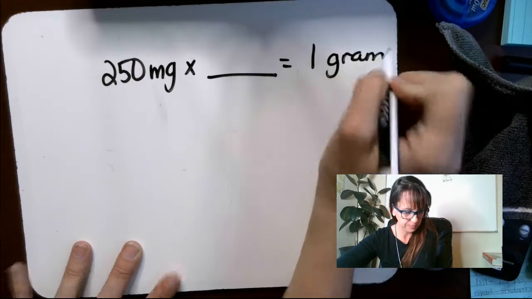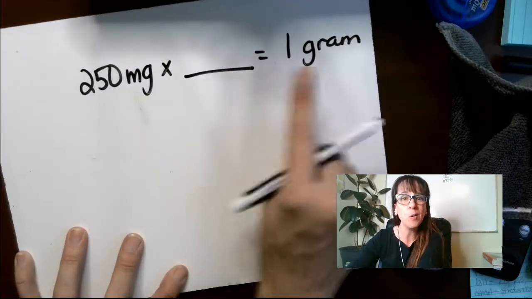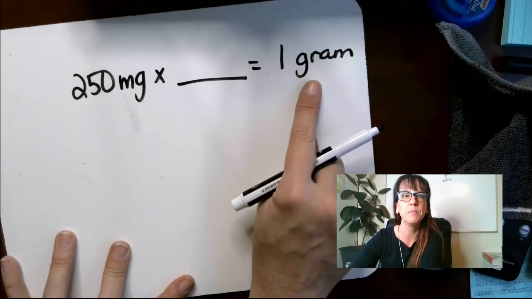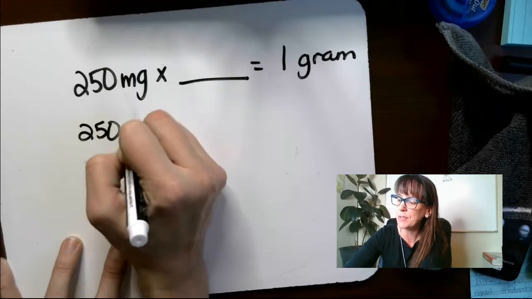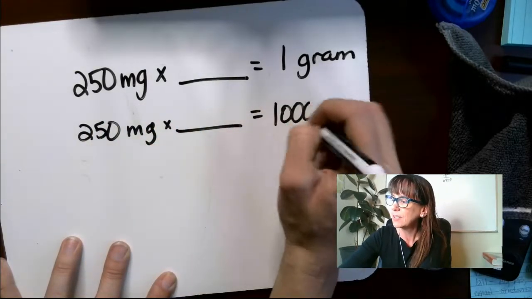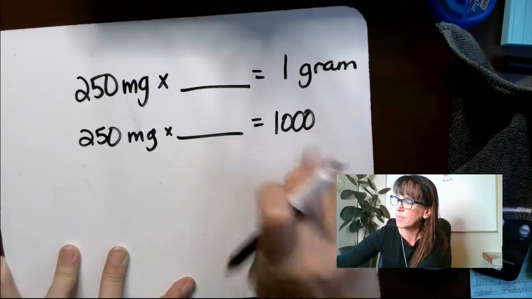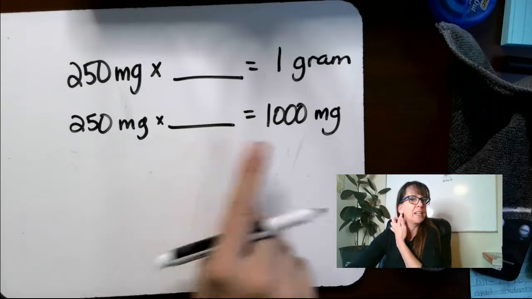Well, there are 1,000 milligrams in a gram. Sorry, so I'm gonna rewrite this. 250 milligrams, I'm just showing you a couple different ways that you can solve these, equals 1,000 milligrams, right? Now that they're in the same unit, we can kind of figure this out. What do I need to multiply 250 by to get 1,000?